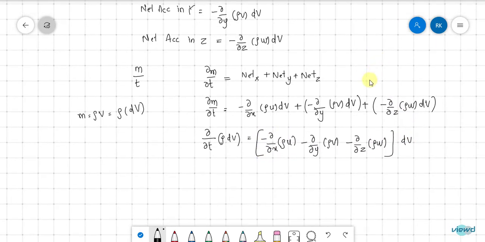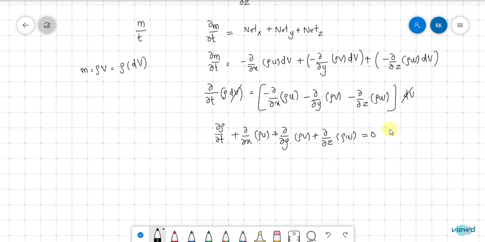The control volume will be constant for a unit time. The control volume is constant for the considered time. So this dV is a constant, it comes outside and gets cancelled. Finally, taking these terms to the left hand side, ∂ρ/∂t plus ∂/∂x of ρu plus ∂/∂y of ρv plus ∂/∂z of ρw is equal to 0.